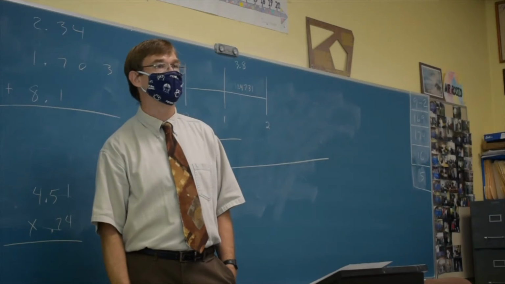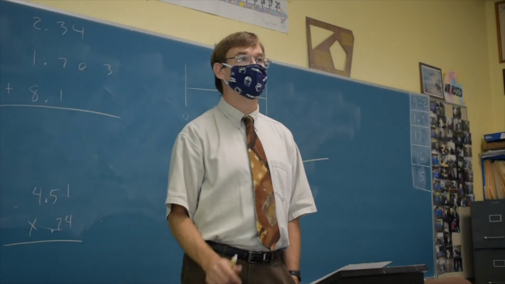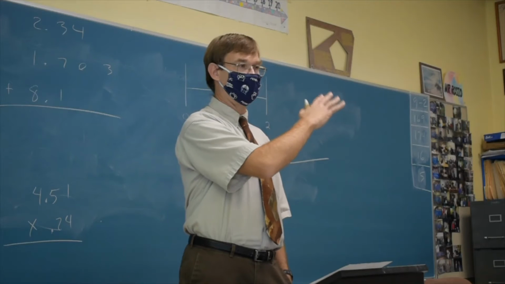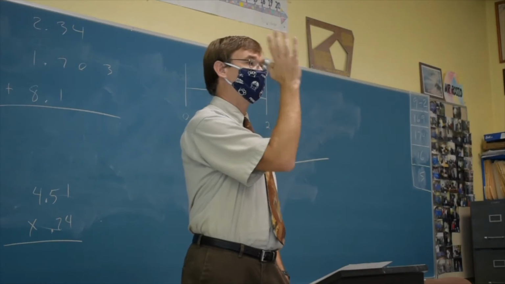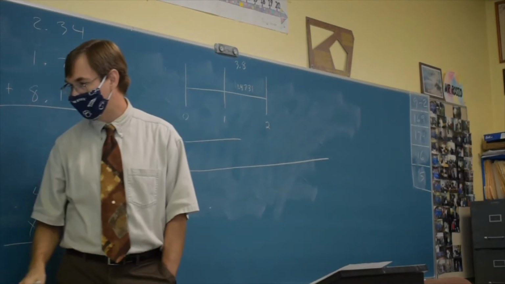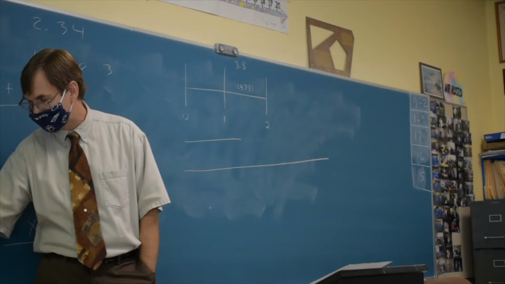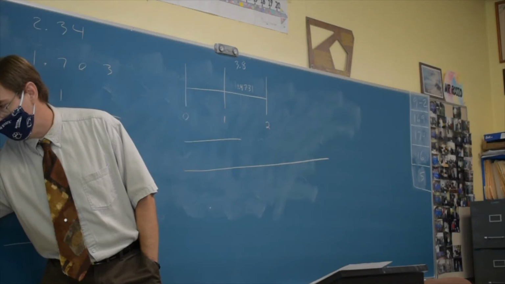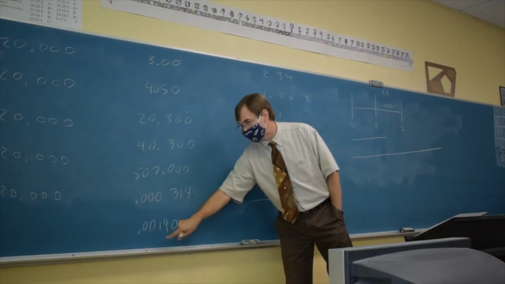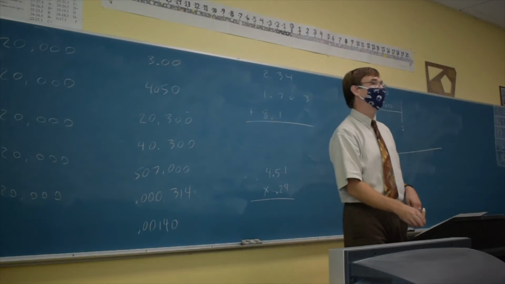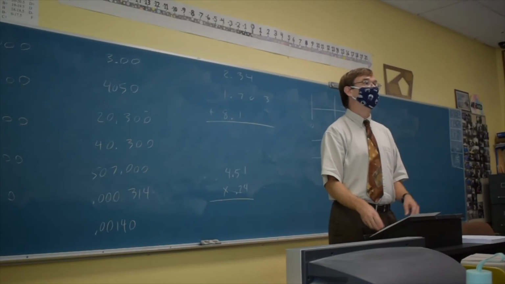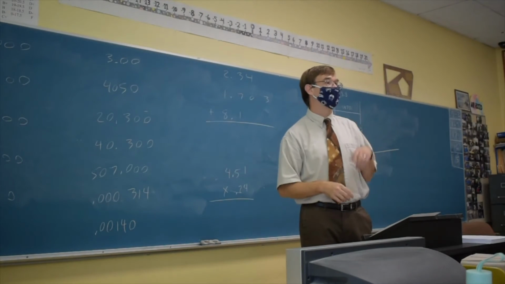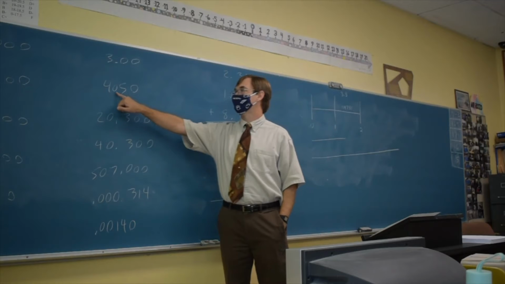Somebody else a category? Zeros at the right end of decimals. Zeros at the right end of decimals, by which I would mean, yes, something like this is at the right end of the decimal. No, this is not at the right end. Those don't count. 4th category? Zeros in between other significant digits, like this.